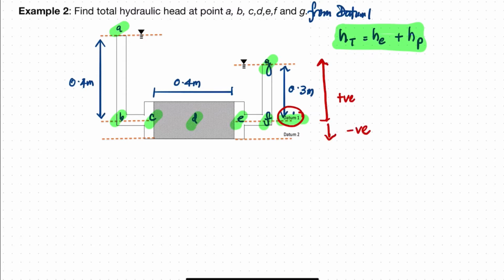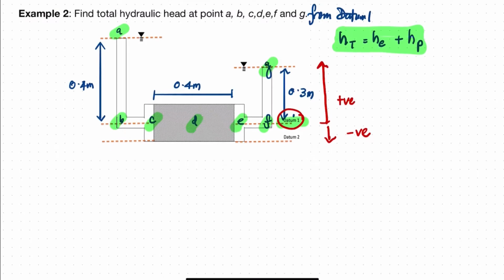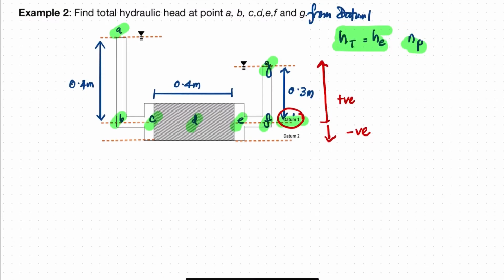In this question, all the points are either on the datum or above the datum. Whereas the pressure head is measured from the water table level downward, because pressure, yeah? So you look at this water table, and then this is the second water table.